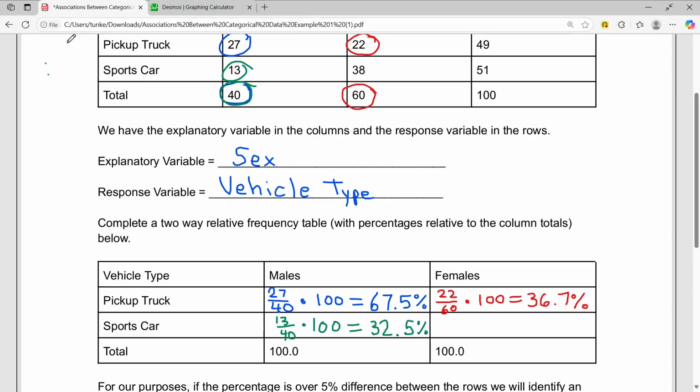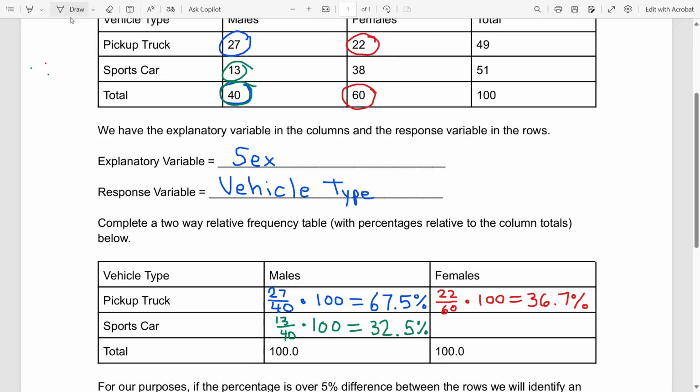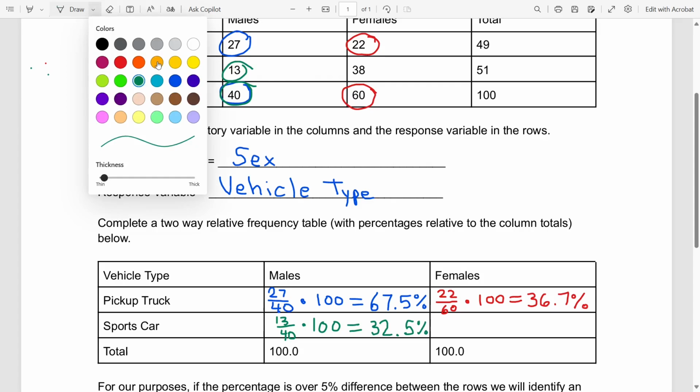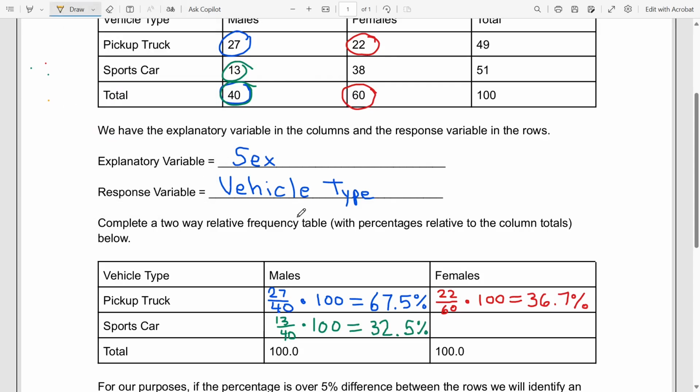Okay, and I'm going to say orange here. So we want to also look at females who prefer the sports car. So it's going to be 38 out of 60 times 100.